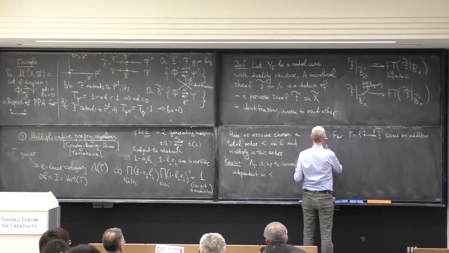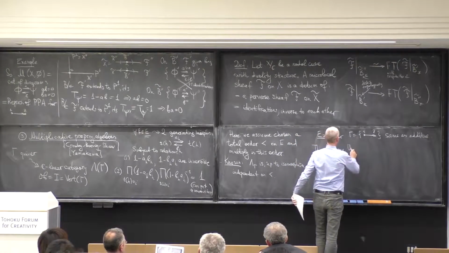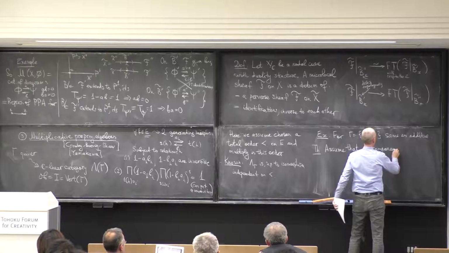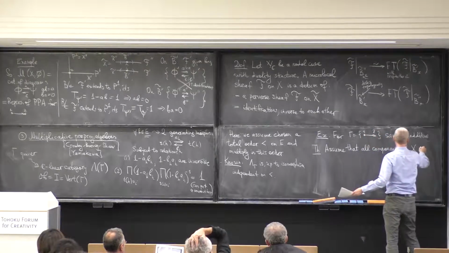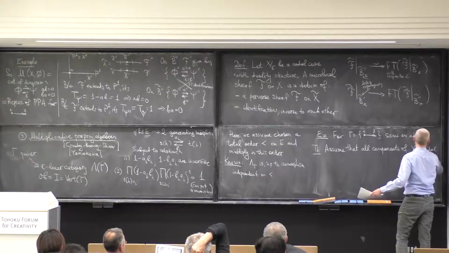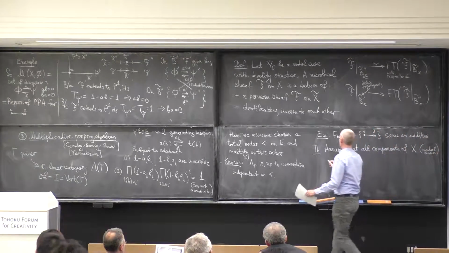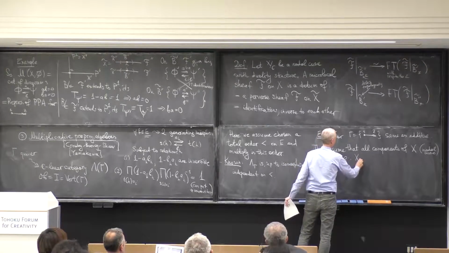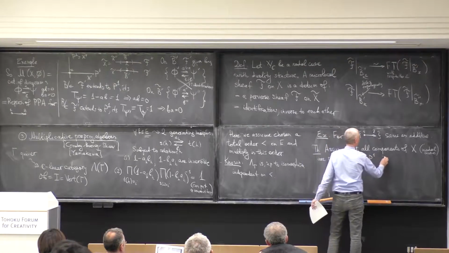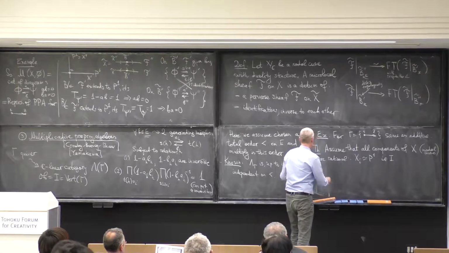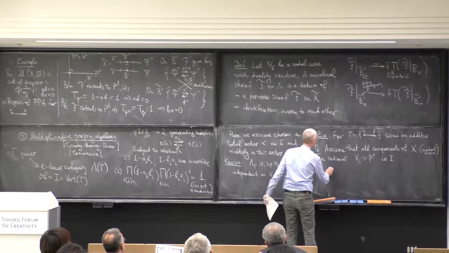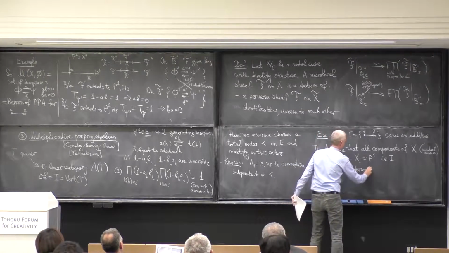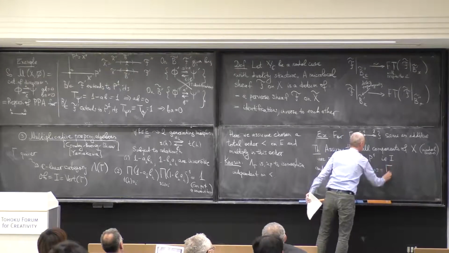So let's assume that all components of X along the curve are rational. Components Xi are a model of P1, with I from some index set, and a graph of intersections with some orientation.